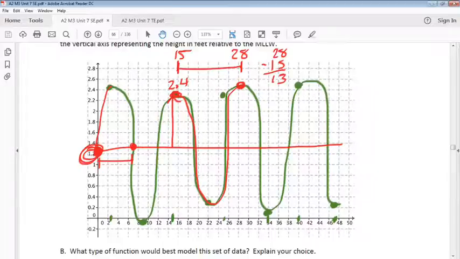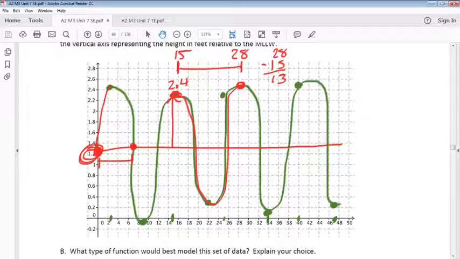E is asking you to put in the A, the omega, the H, and the K. Now for the omega, just write 2 pi divided by whatever we thought the period was. 2 pi divided by that will give you the period. Wait. No, it won't. Here, let's see.